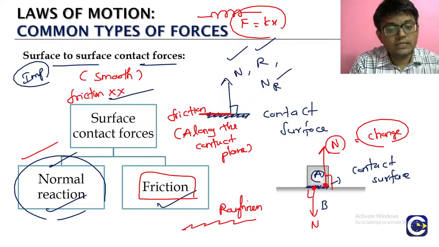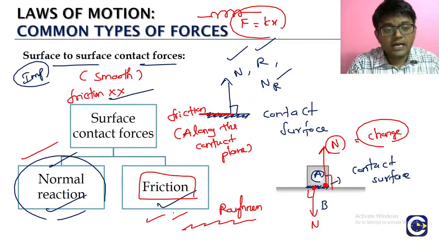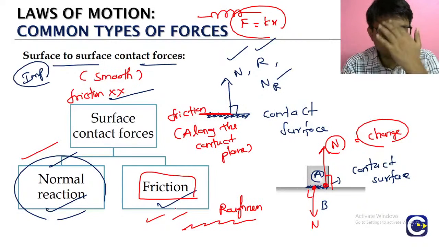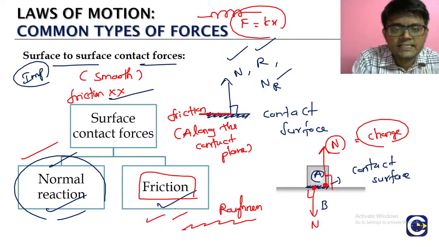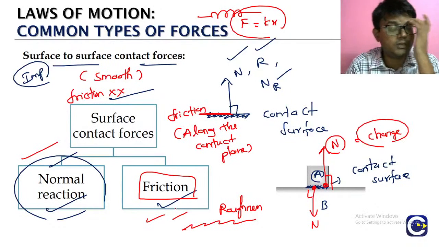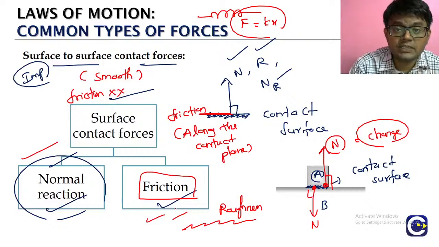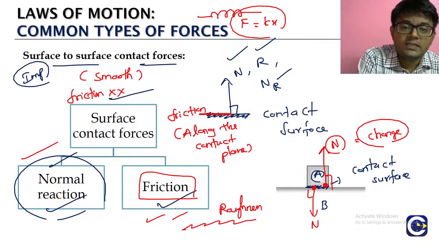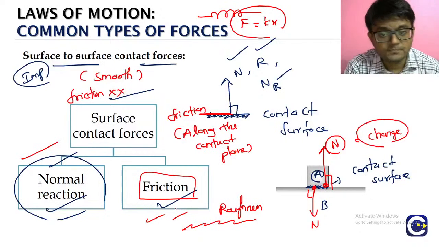Okay, so we'll talk about friction later, and we'll also discuss problems where we'll have friction. In the initial set of problems we solve, you will always keep seeing the statement: assume the surfaces are smooth. In all the problems where friction is ignored, you will see this mention.